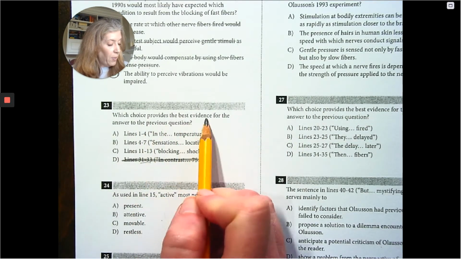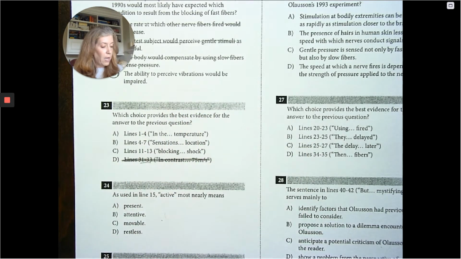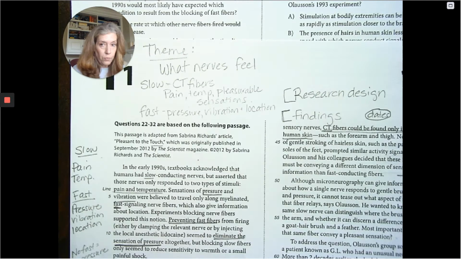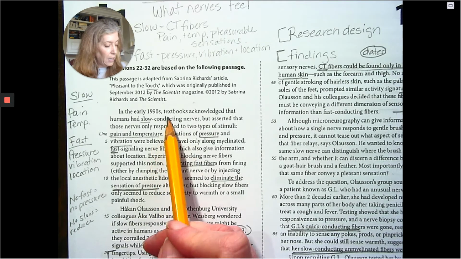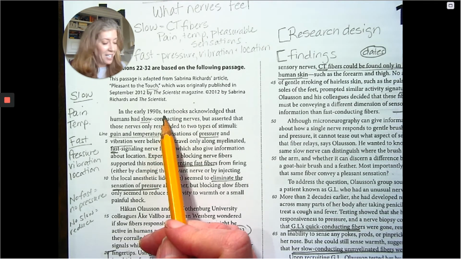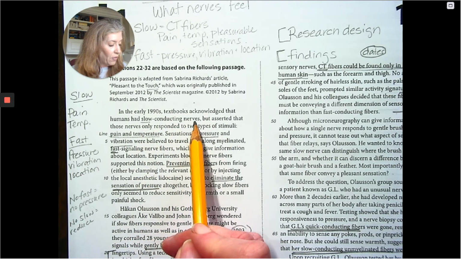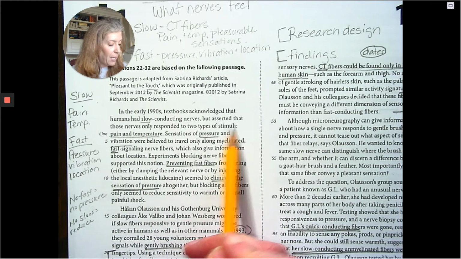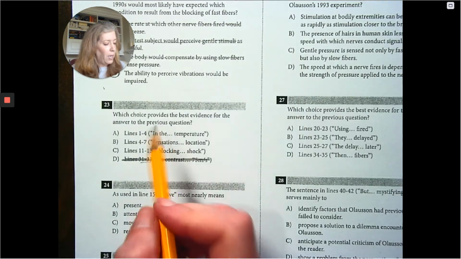The choice provides the best evidence that the ability to perceive vibrations would be impaired. So let's have a look. Lines 1 through 4, in the temperature. In the early 1900s, textbooks acknowledged that humans had slow conducting nerves, but asserted that those nerves only responded to two types of stimuli, pain and temperature. That doesn't even say the word vibration, so I have to get rid of that.